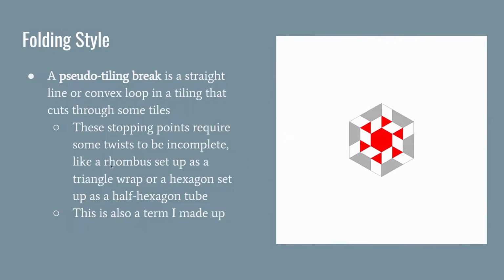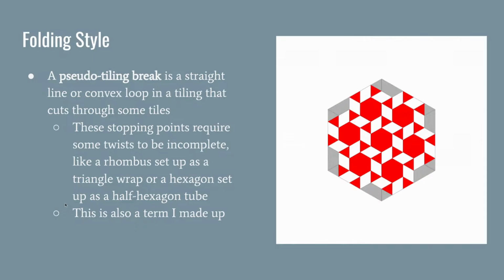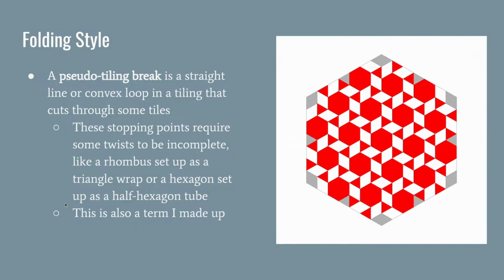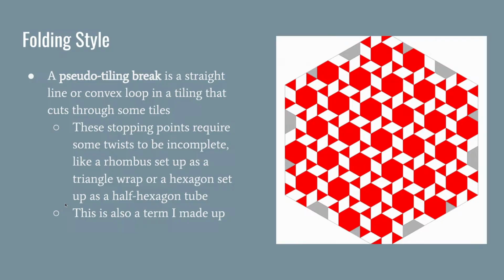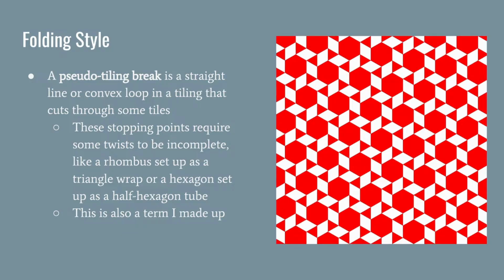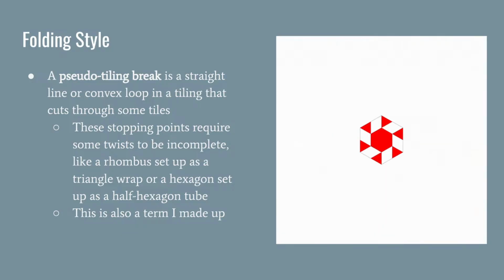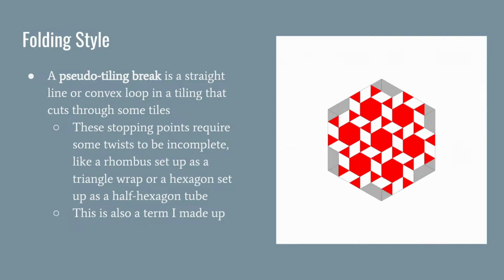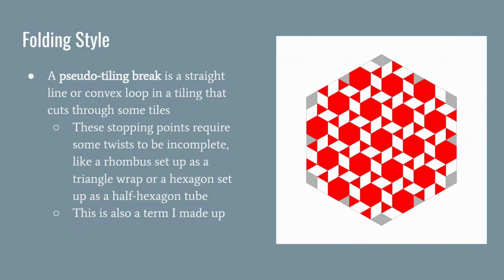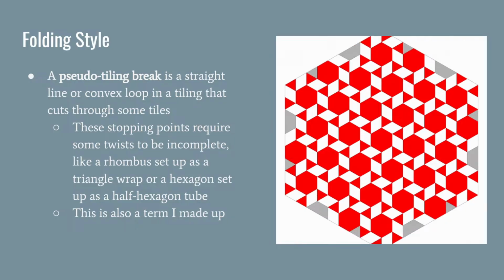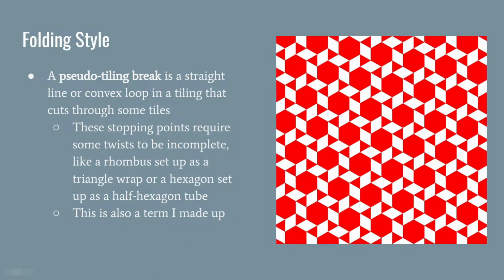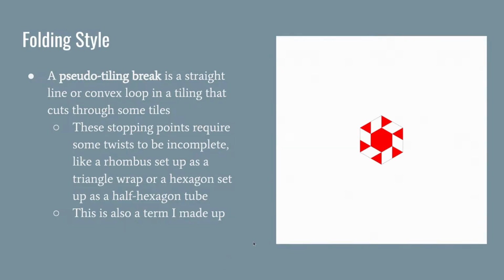So you'll often see a rhombus set up as a triangle wrap. If you want to stop at these boundaries and make a border for the whole pattern, I'd recommend going ahead and folding those twists as the shape inside of the boundary. And again, this is a term that I made up.